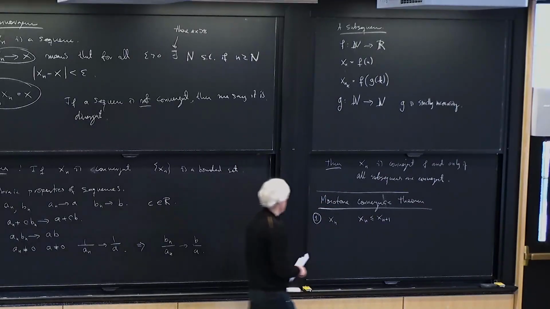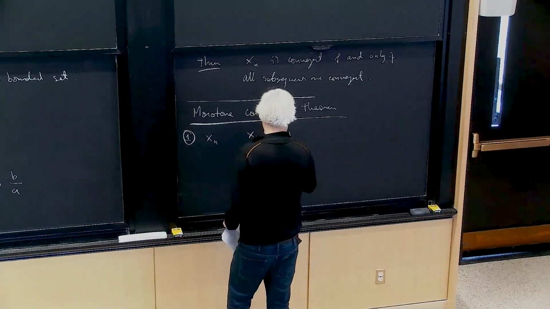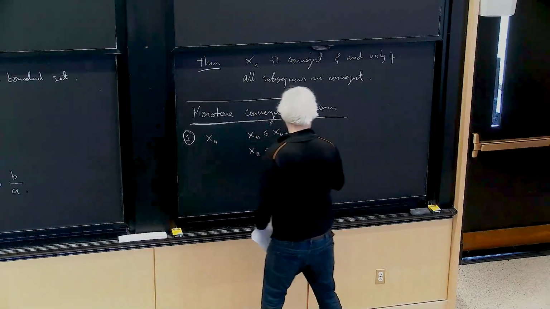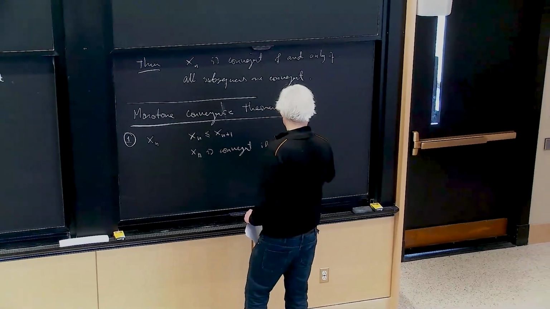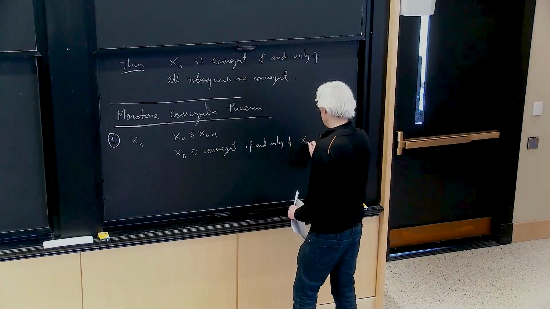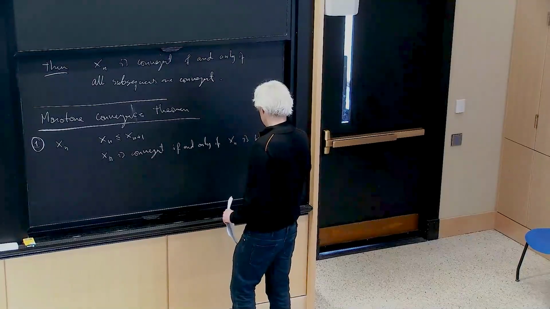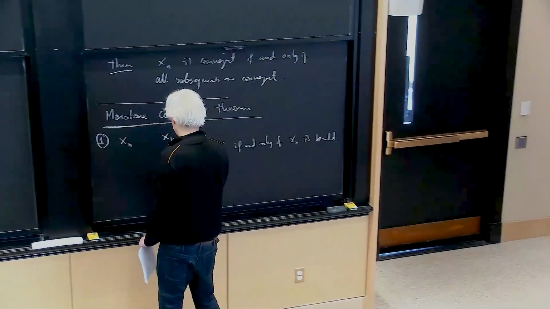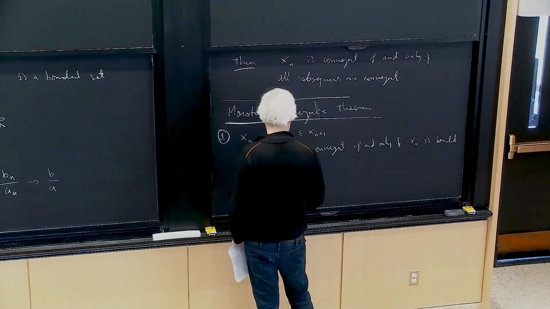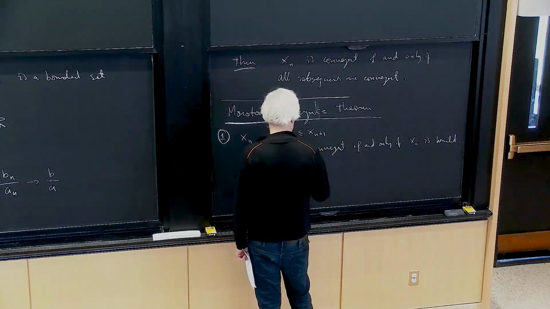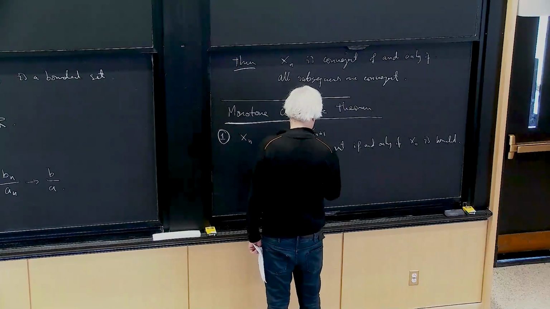If this was the case, then x_n is convergent if and only if x_n is bounded. If the sequence is bounded, then the sup of the x_n is the limit.